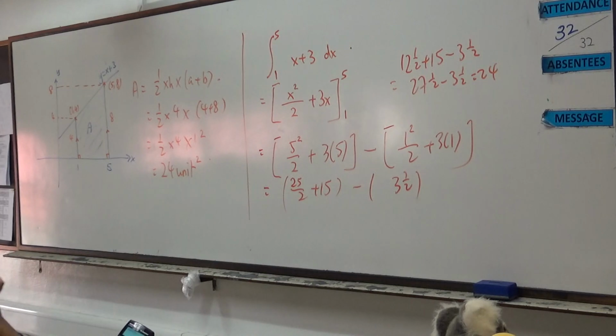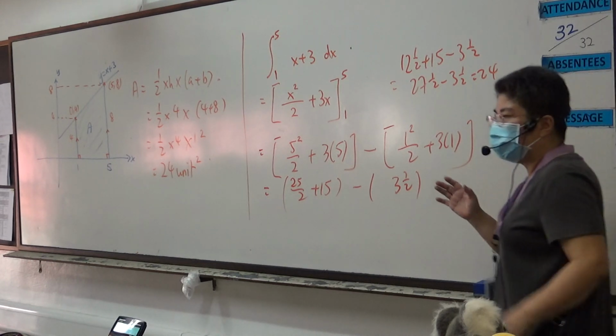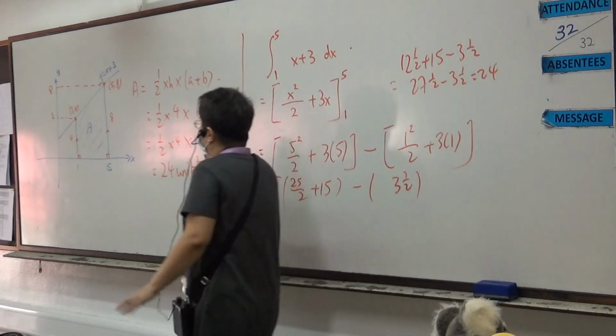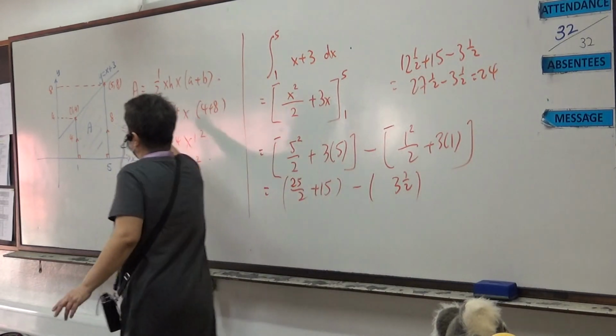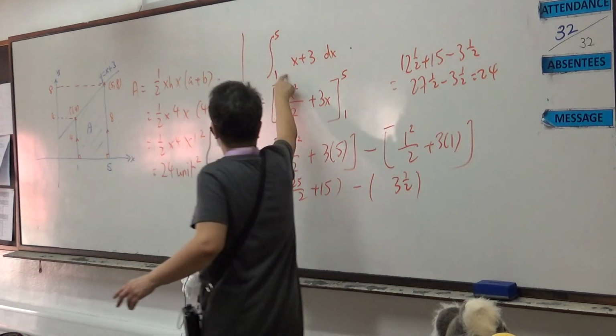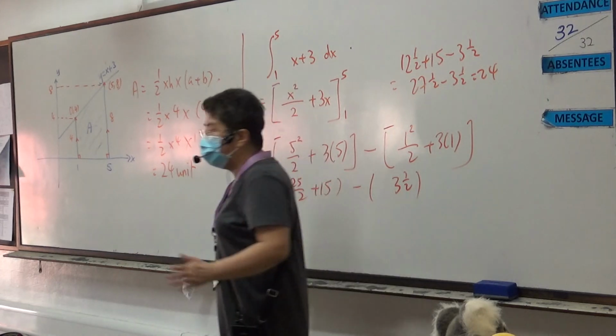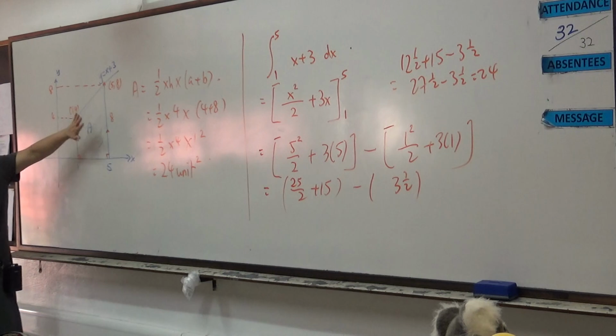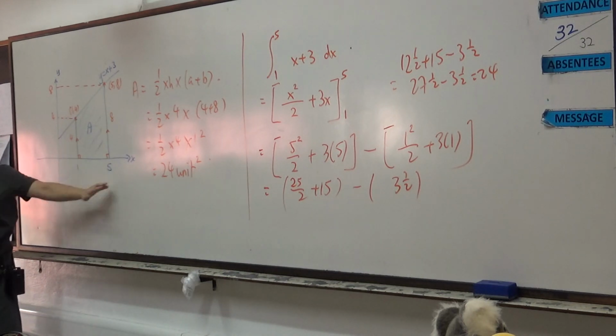You understand? But we associate it with area. So, definite integral, look up. I know it's a bit abstract, look here. I integrate the function from 1 to 5, which is equivalent to finding the area under the curve or the line or whatever it is from 1 to 5.